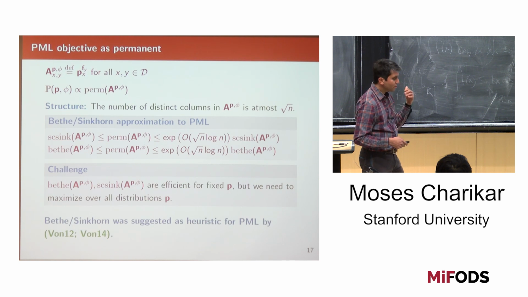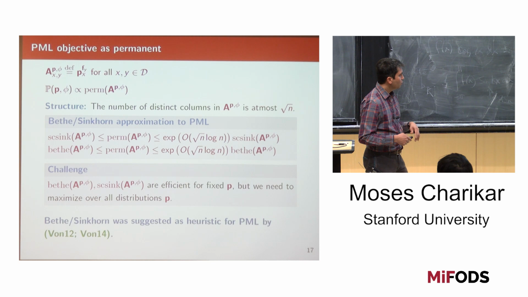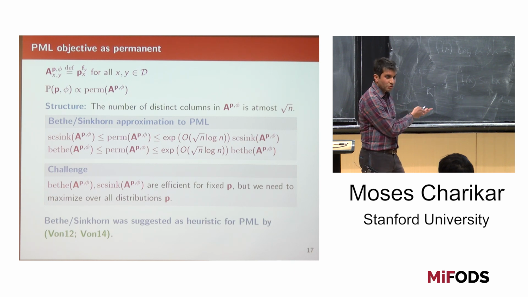I should say that these Betti and Sinkhorn algorithms were proposed as heuristics for profile maximum likelihood by Vontobel. In fact, he designed these methods to approximate, to compute this. But his methods are actually heuristic methods.